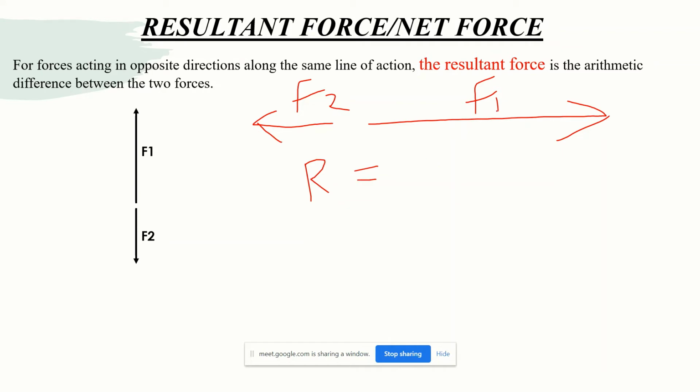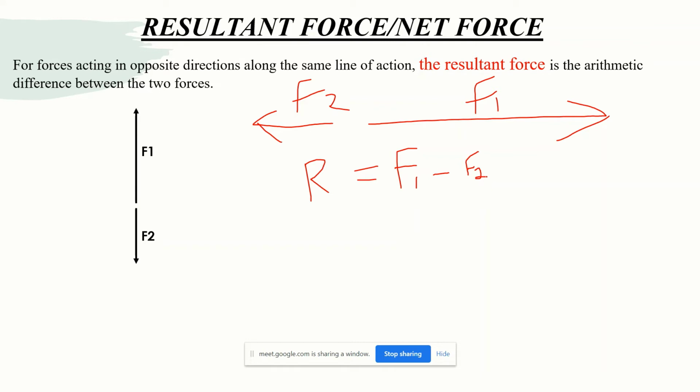The larger force, which is F1, minus the smaller force, which is F2. You see? So when two forces are moving in opposite direction, to find the net force or the resultant force, we subtract the smaller force from the larger force.